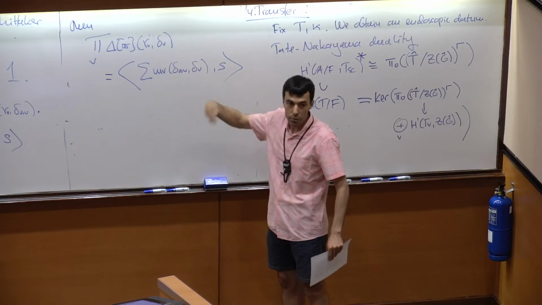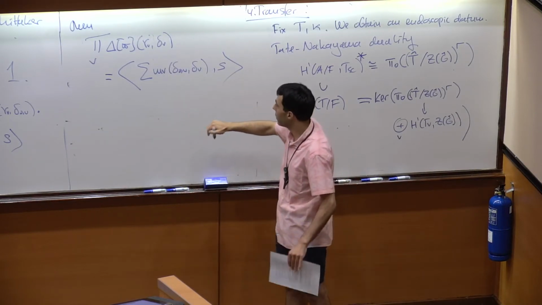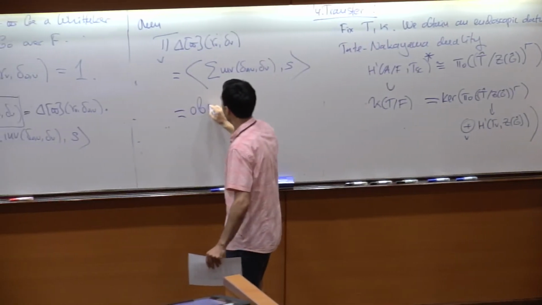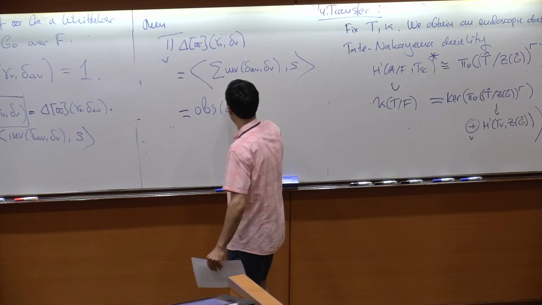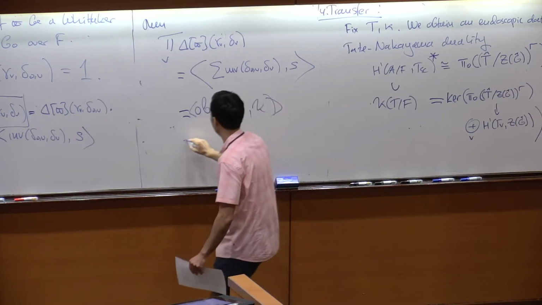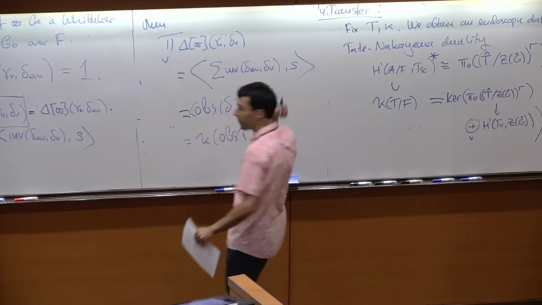You have to again use the gerbs in order to make sense of this in the non-quasi-split case. I'll completely skip this, but I'll put it in the notes. And so this just becomes obstruction delta paired with kappa. Okay, we actually wrote it just a moment ago. It's just kappa applied to obstruction delta.